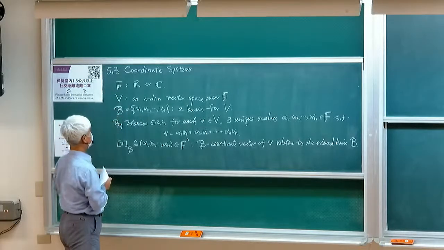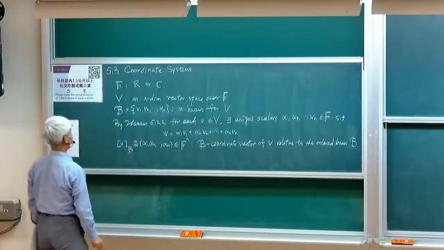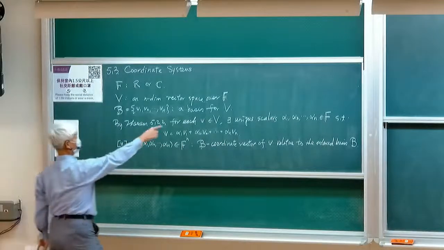We call it the B coordinate system for V.